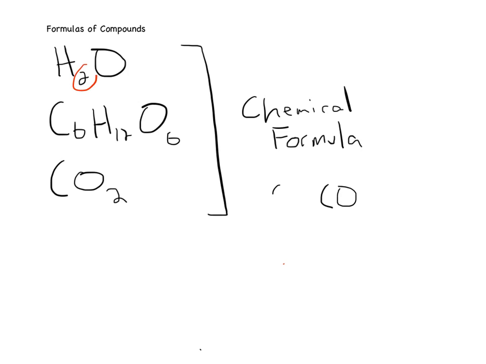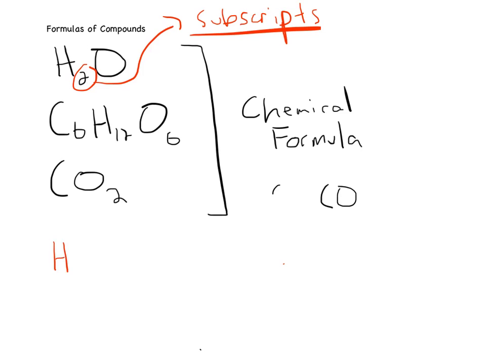The next thing is looking at what are called the subscripts. And they tell us how many of each atom there is in that compound. So if we look at H2O, there are two H atoms involved. So H2O, we come down here, we keep track. H, there's two atoms. Now, O has no subscript.